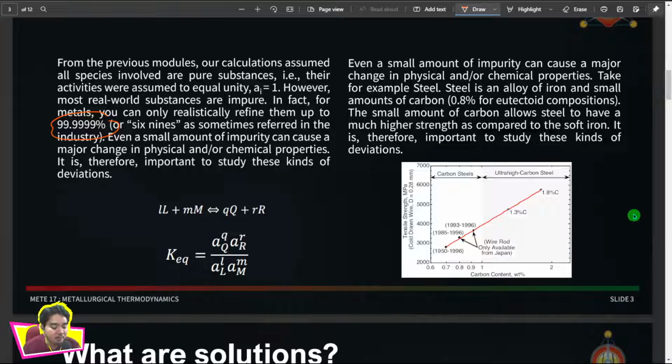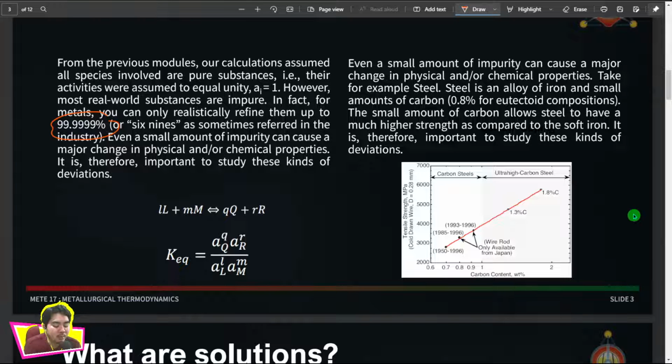In fact, we can look into steel alone. Steel is just an alloy of iron and carbon. And yung percentage ng carbon, if you look at something like eutectoid composition, it's only 0.8%. Pero yung 0.8% na yon, sobrang laki ng effect niya doon sa hardness ng steel.